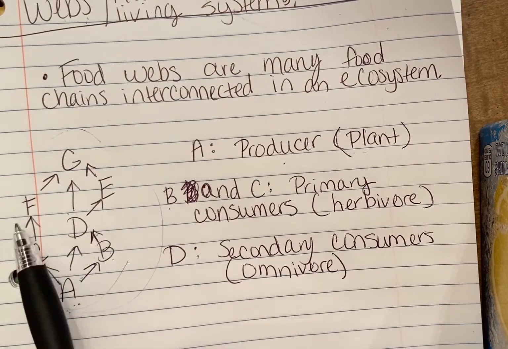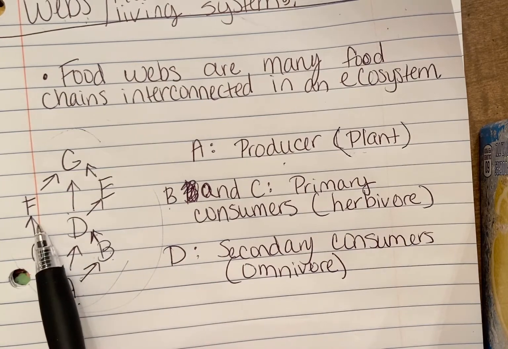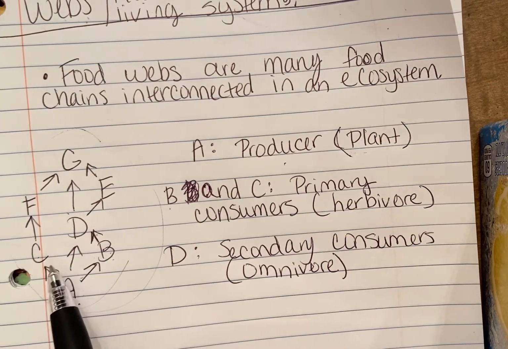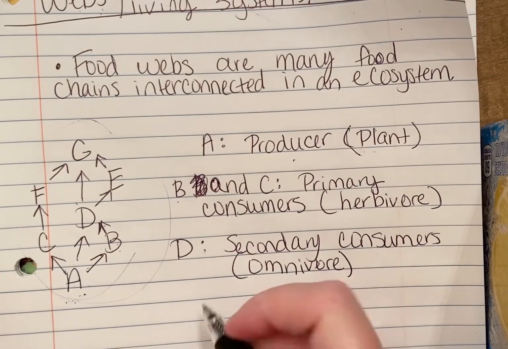Now let's look at E and F. E and F are not getting their energy from plants because there are no arrows pointing to E and F from a plant. Let's look at E first.